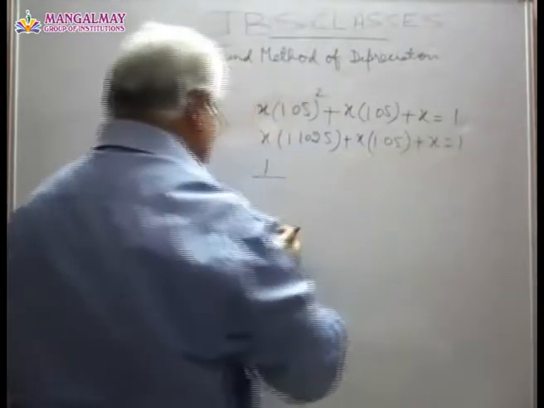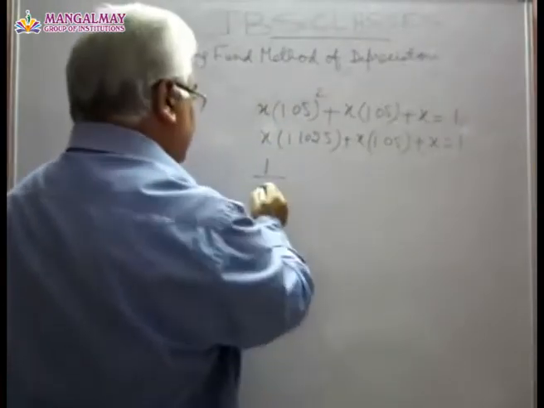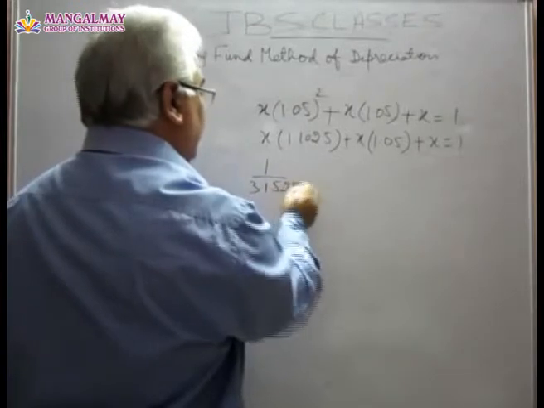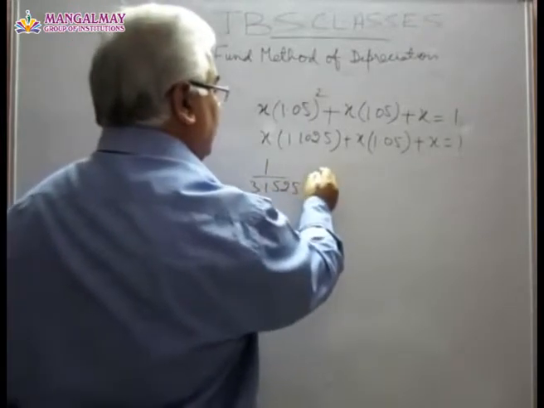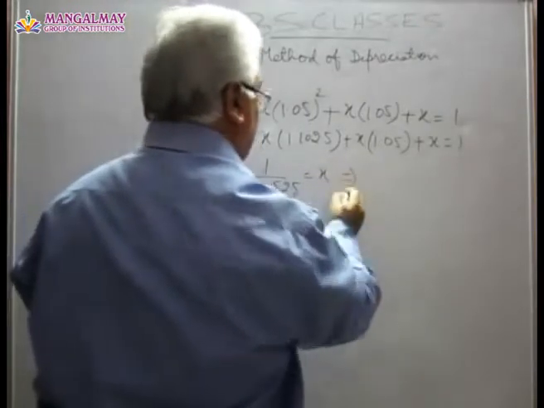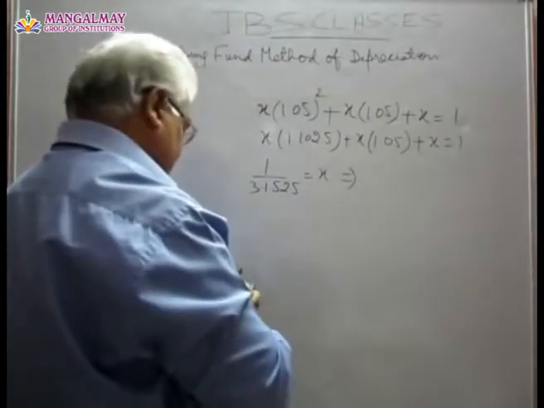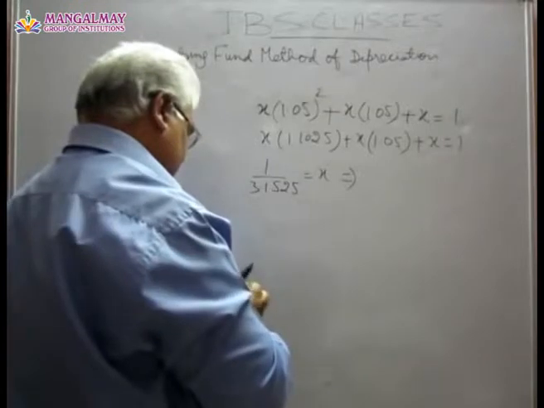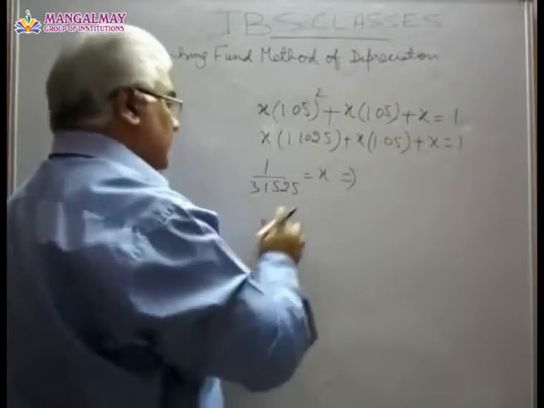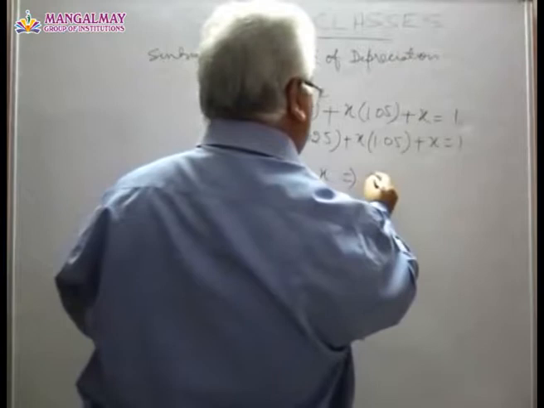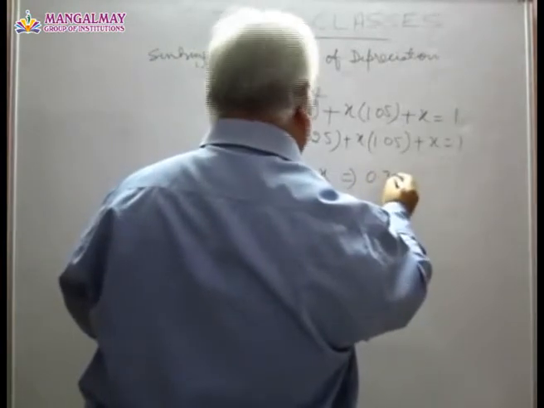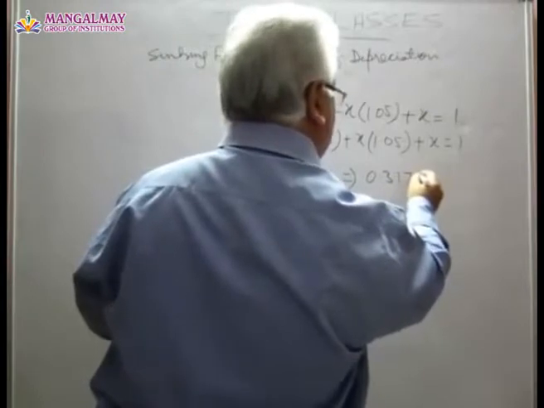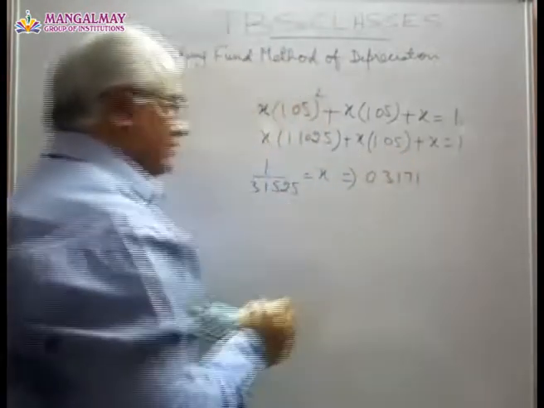This will be 3.1525. This should be equal to X, and this amount comes to 0.31708, so we can say 3171.